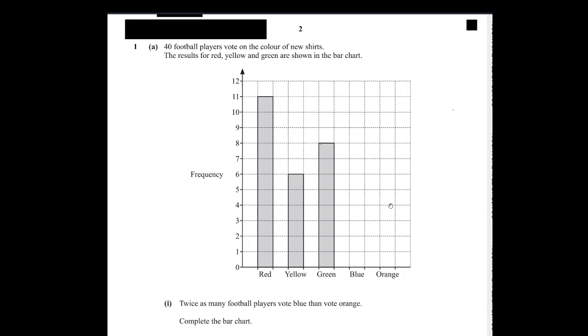Then blue and orange are missing. Twice as many football players vote blue than vote orange. This is question 1, and they are saying complete the bar chart.